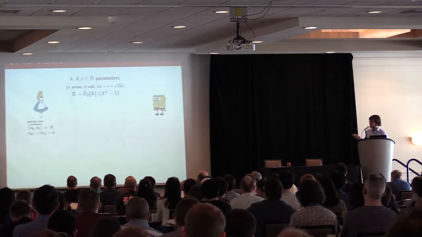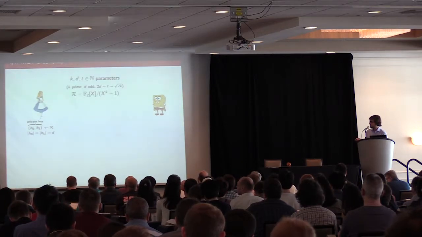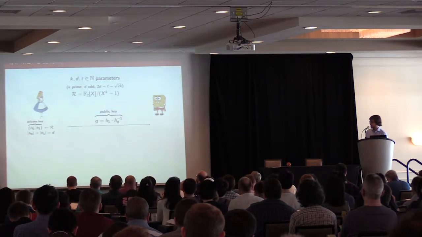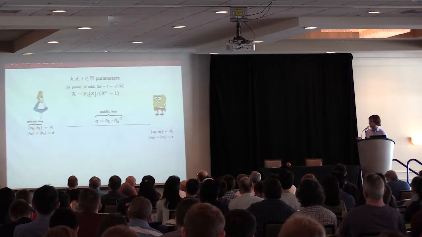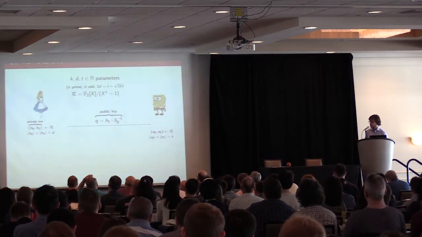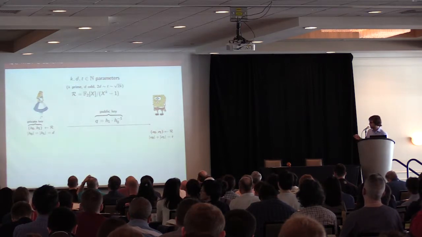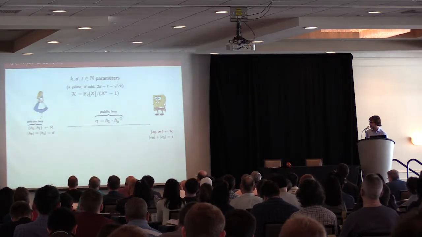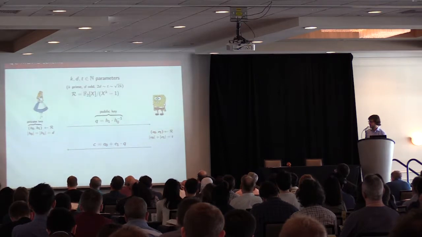So Alice chooses two sparse polynomials h0, h1, and sends her public key, the quotient of h1 by h0, to Bob. And Bob chooses two random error vectors, sparse also. You can see that here the weight of the sum of the vectors is t, so it's approximately the square root of the length, and he sends e0 plus e1 times q.